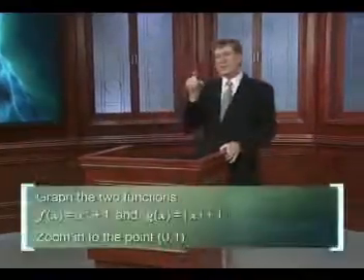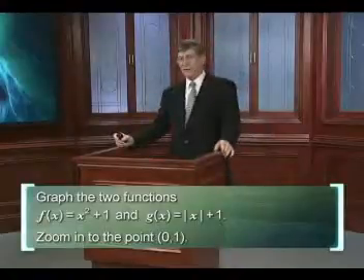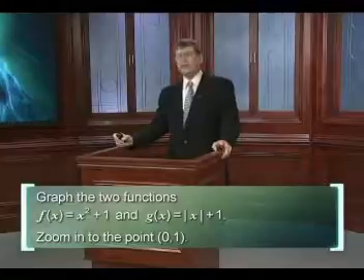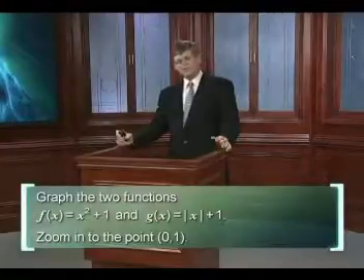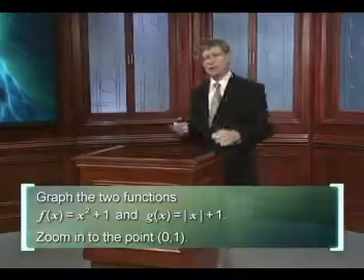Here's an example I like to do in my classes. And I do this with a graphing utility, so I invite you to go along with the lecture and use your graphing utility to do the following experiment. Put in the two functions x squared plus 1 and absolute value of x plus 1 into your calculator and zoom in to the graph near the point 0, 1.